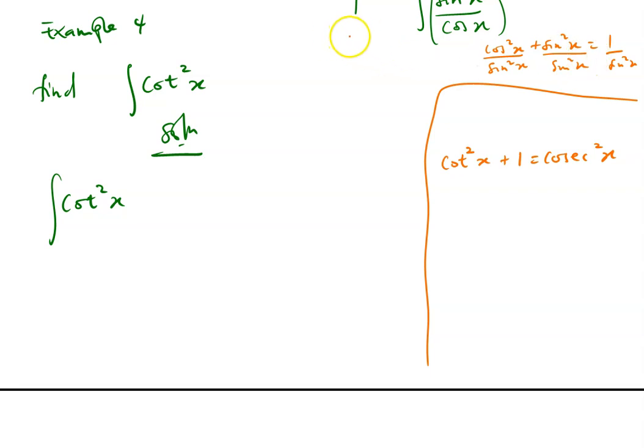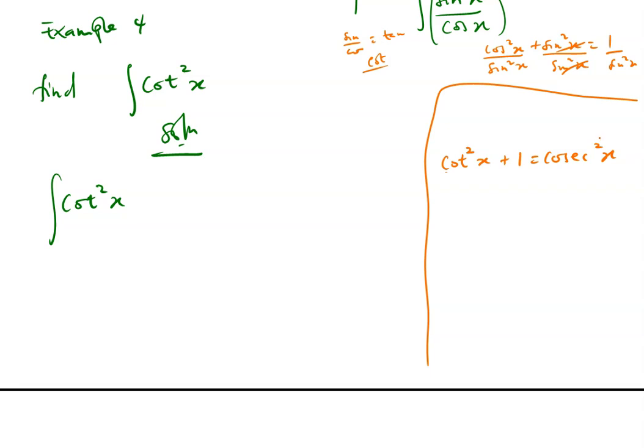If sine over cos is tan, then cos over sine is the inverse of tan, which is cot. That's the reason why we have cot squared x plus 1, since the sine cancels itself out, is equal to cosec squared x.